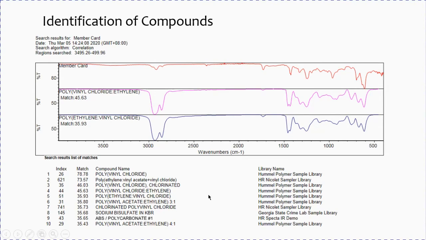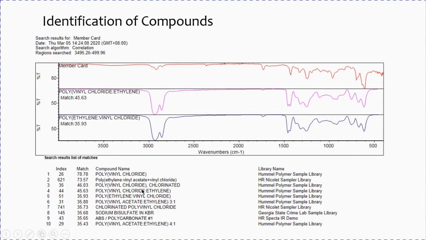The results show polyvinyl chloride has the highest percentage of matching. This has ascertained the fact that the main ingredient to make a magnetic stripe card is PVC. It is followed by polyethylene, vinyl acetate plus vinyl chloride, and several polyvinyl-based polymers.